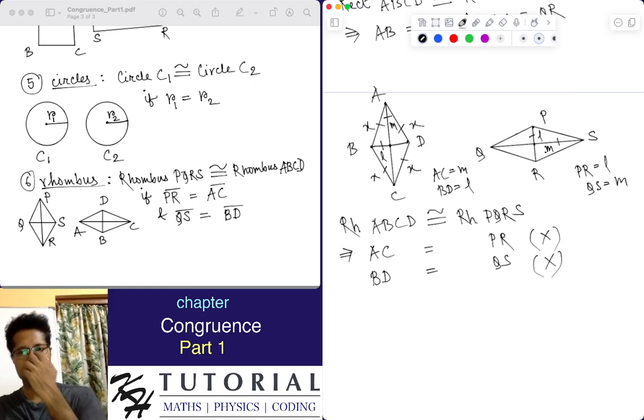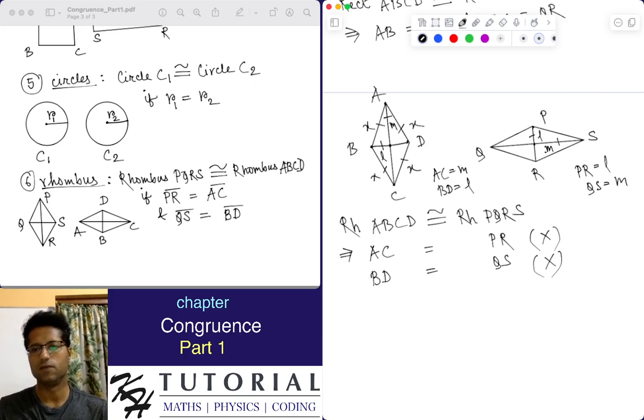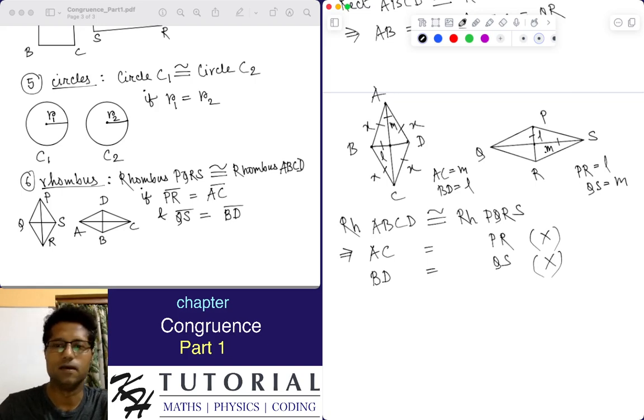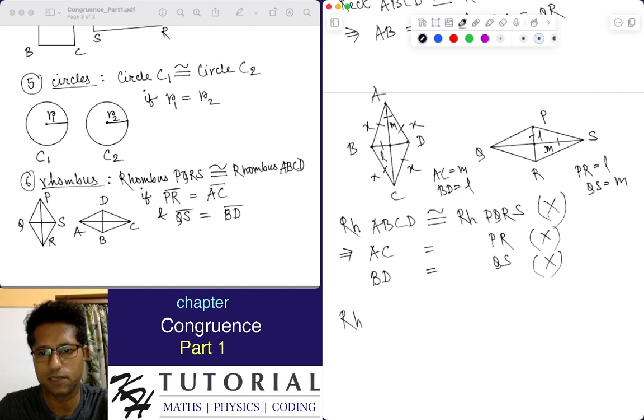Now you check that if we say rhombus ABCD is congruent to rhombus PQRS, we are not having the fact that AC is equal to PR, because AC is M and PR is equal to L. So this is wrong. So the correct way of expressing that these two rhombus are congruent has to be like this.